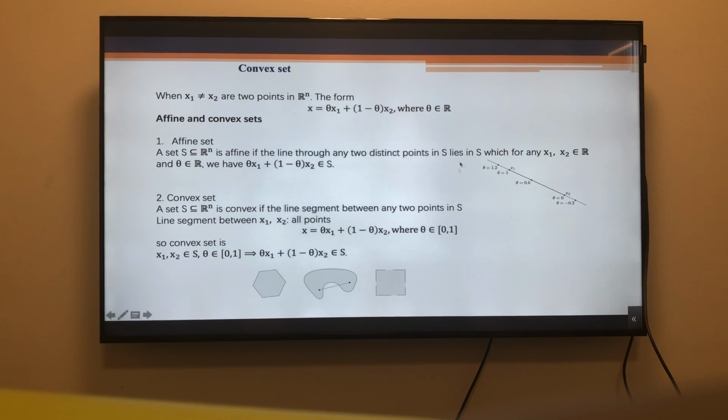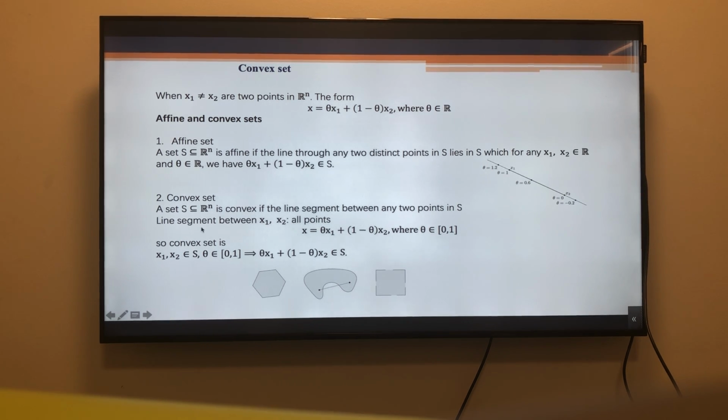This is the graph of the affine set. When theta equals 1, we have x1, and when theta equals 0, we have x2. For a convex set, a set S is convex if the line segment between any two points in S lies in S.